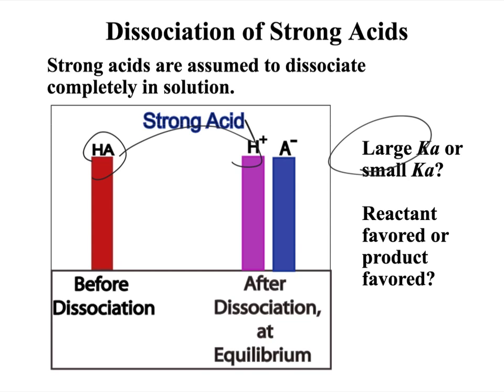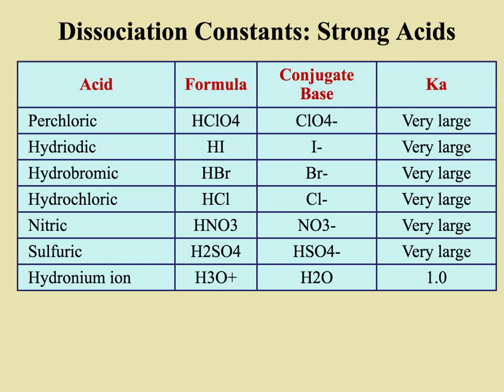Okay, and in that sense, it's not so hard to do a problem with that. As you can see, all of the strong acids completely dissociate from what they were to their conjugate base and H plus, or again, we can call it H3O plus. Either word is fine.